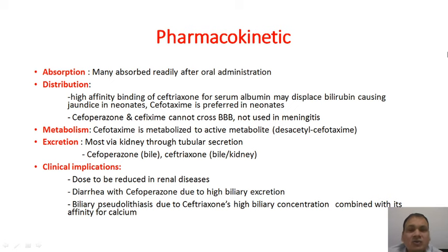So two important points as far as distribution is concerned. Ceftriaxone has a very high affinity for serum albumin, so it may displace the bilirubin, causing jaundice in the neonate. So we will avoid ceftriaxone in neonates, and instead of ceftriaxone, cefotaxime is preferred. If we have to use a third generation cephalosporin, cefotaxime is preferred in neonates.